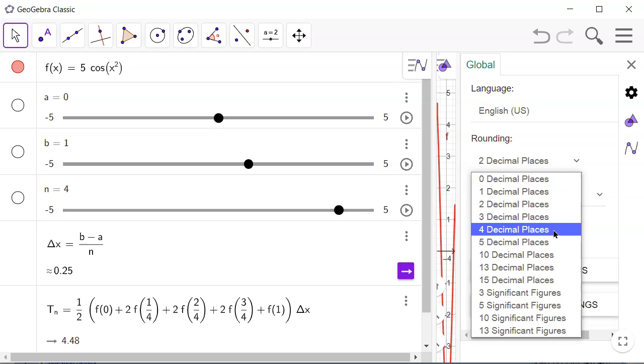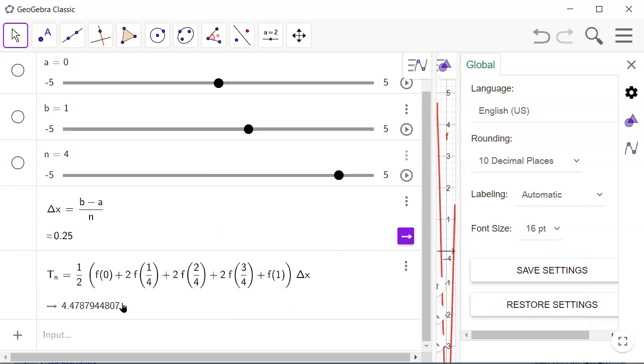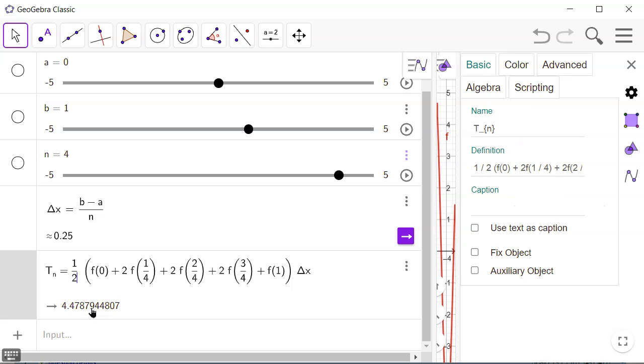We want 6, but we don't have 6, so we have to go to 10 decimal places. I can't grab it, so it's 4.47, maybe I should write that down: 4.478764. Let's type it in.